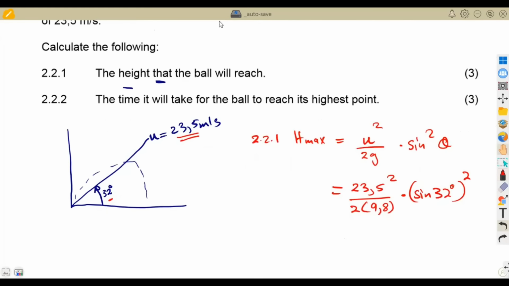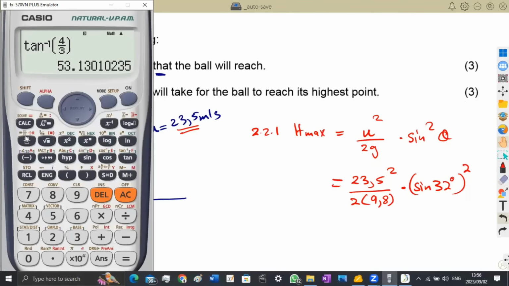On your calculator, you are going to present a fraction: 23.5 squared over 2 times 9.8, times sine 32. You open a bracket, so that's sine 32 degrees, close the bracket for sine 32, close the first bracket, then you square everything.